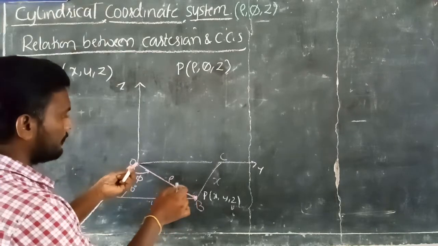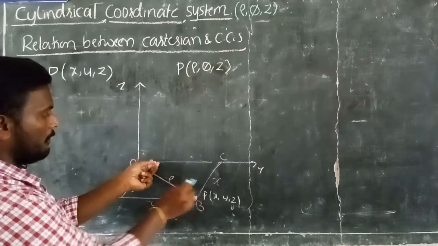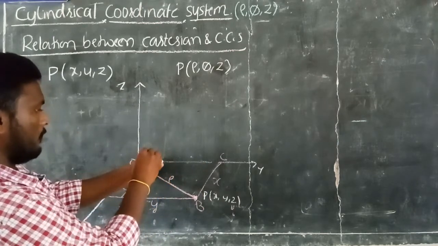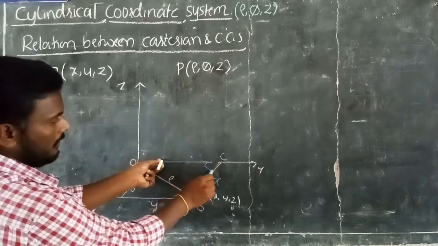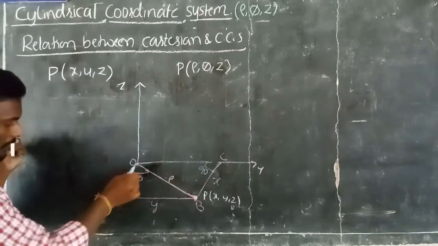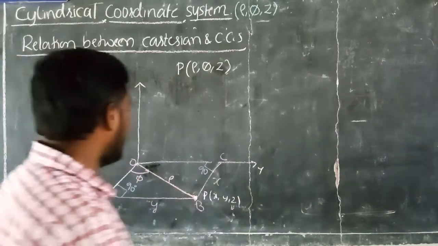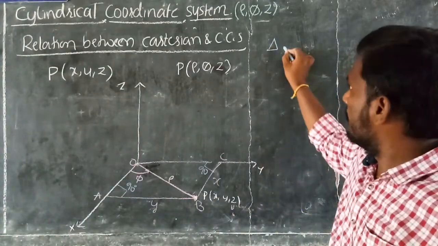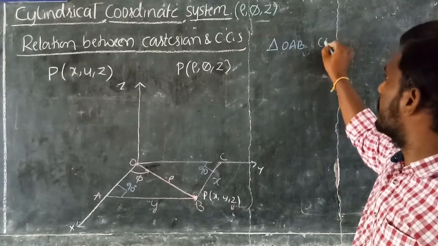Similarly, this is your y-axis, and CP is like this, and OB is like this. So what is the angle here? It is 90 degrees. So triangle OCD is a right angle triangle and OAB is also a right angle triangle. From triangle OAB, apply cos.